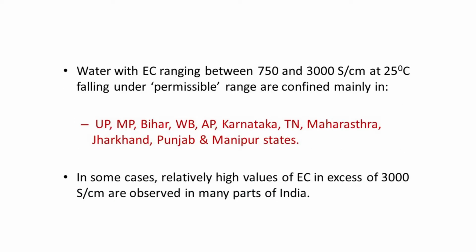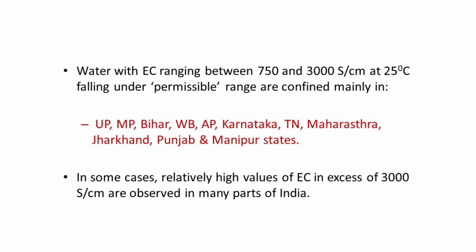Water with electrical conductivity ranging between 750 to 3000 µS per centimeter at 25 degrees Celsius, falling under the permissible range, is confined mainly to only a few parts of the country.